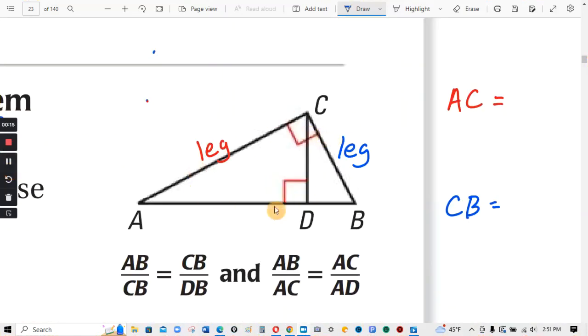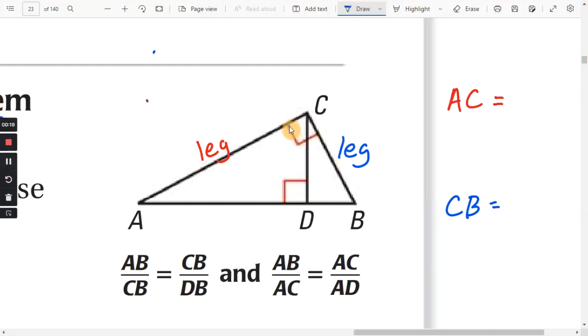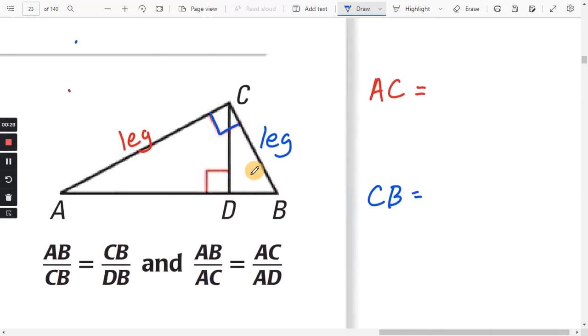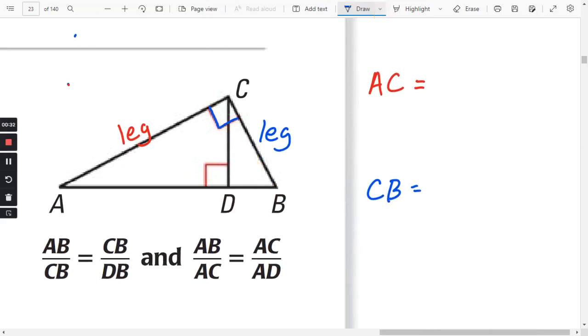So we have our right triangle here. For the big triangle, the right angle is here. And if you go across from your right angle, that's your hypotenuse. The other sides of that triangle are called legs. So there's a formula for each one of those.